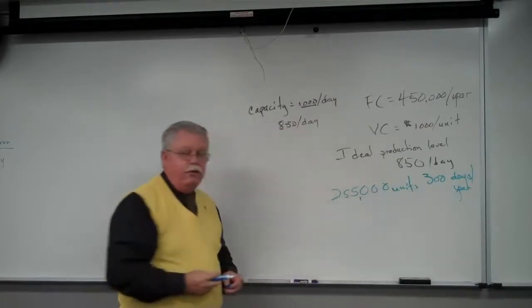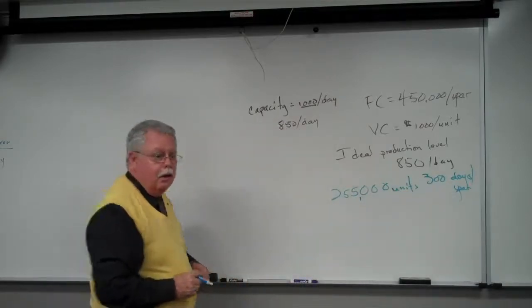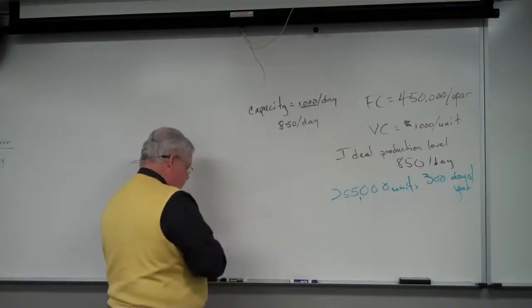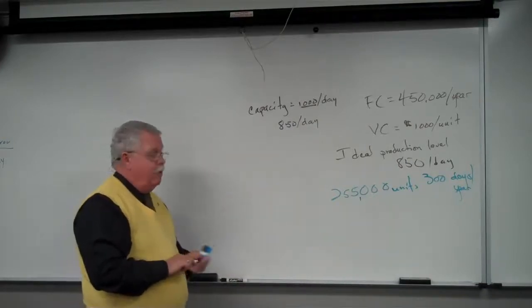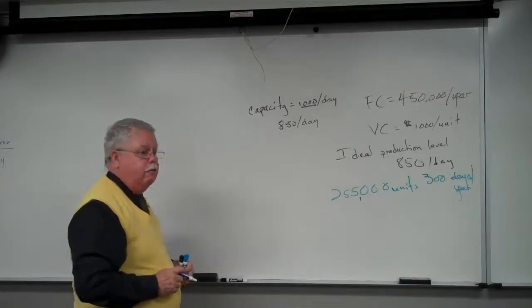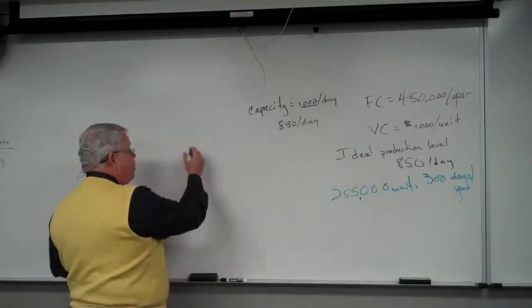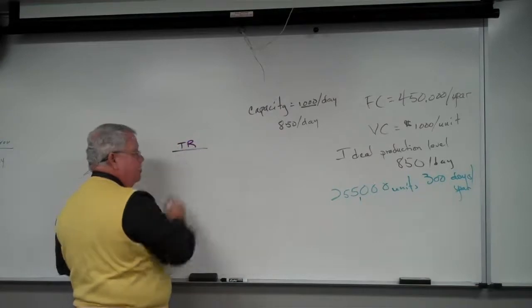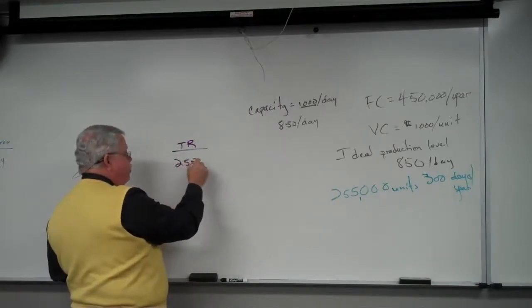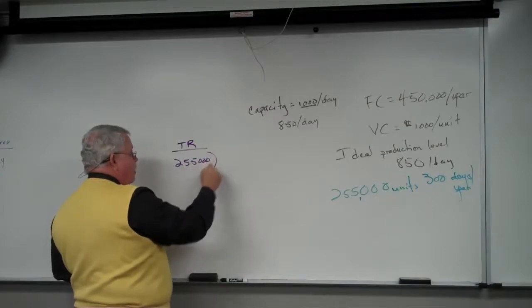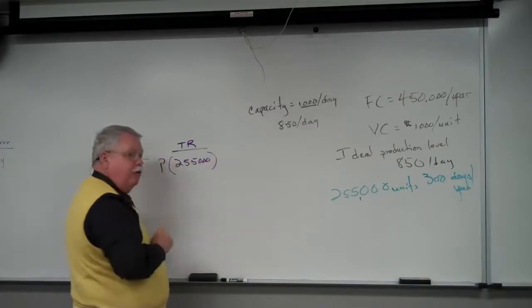So how would you set this up? Would you want to do it for a year or a month? You could do it by year, month, or day. I'm going to do it on a year basis just for convenience. How much revenue am I going to make this year? I'm going to sell 255,000 units at price P. Do you want any overhead?